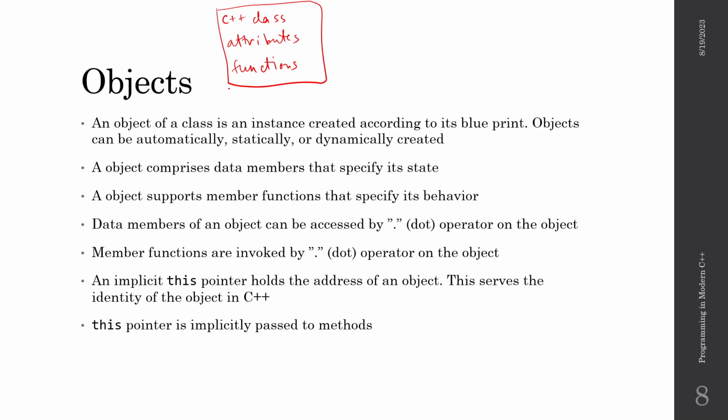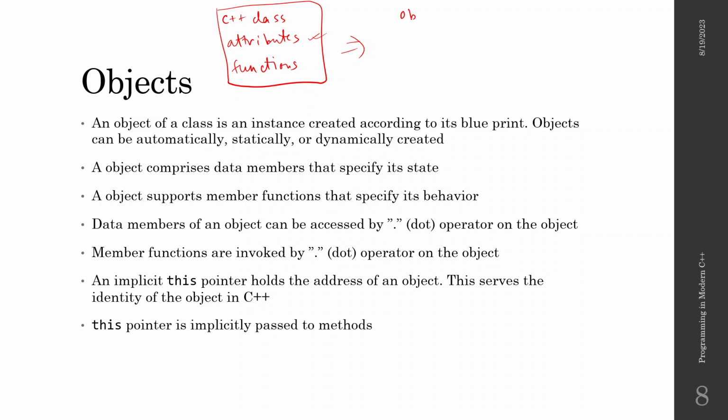Let us say that we have created a C++ class with attributes and functions. This is actually just a template, because the attributes don't have specific values assigned to them. What we call an object is an instance of the class.